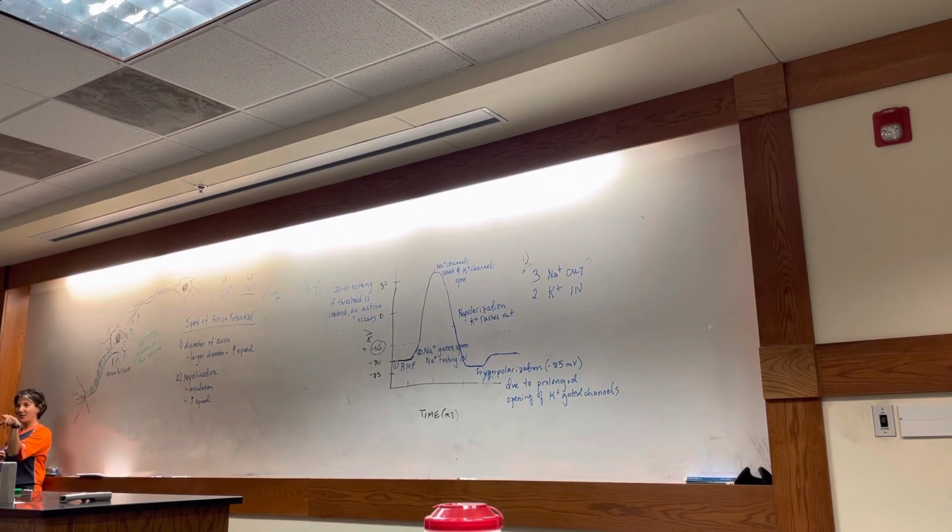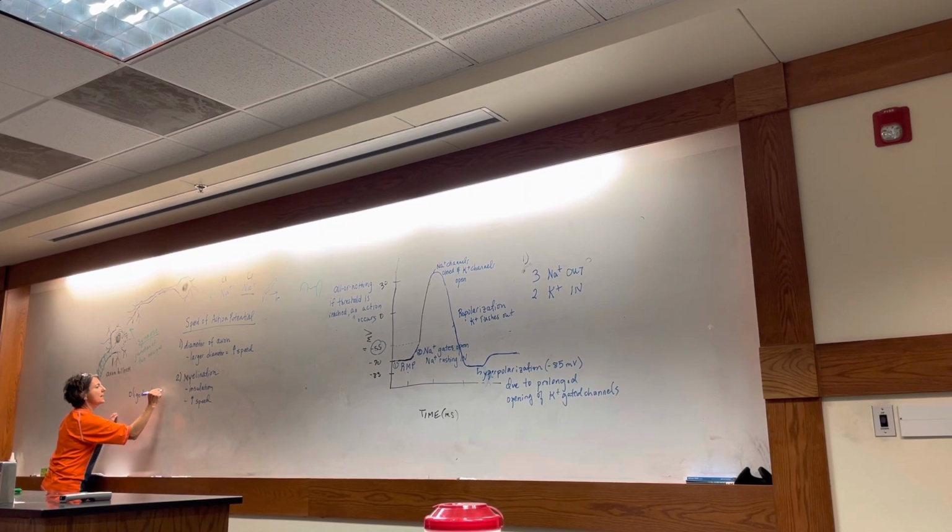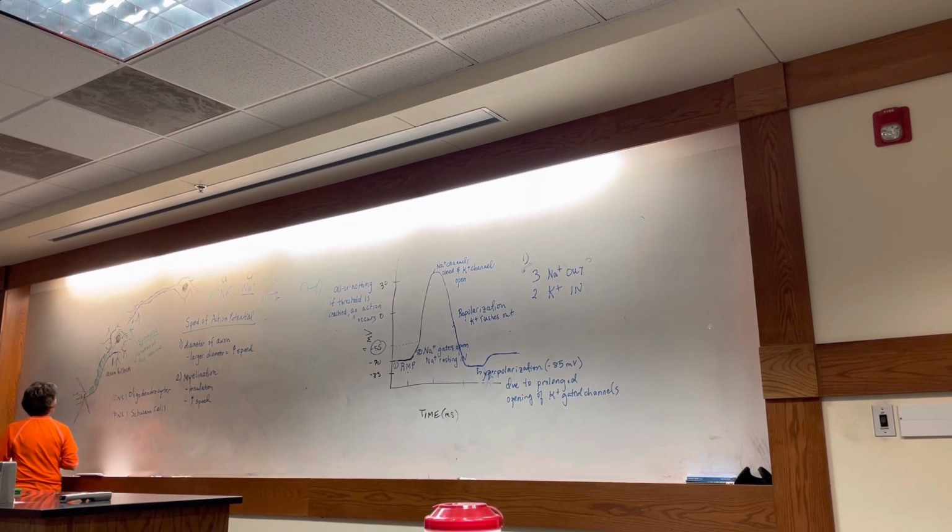Oligodendrocytes. That's in the central nervous system. What about the peripheral nervous system? Schwann cells.